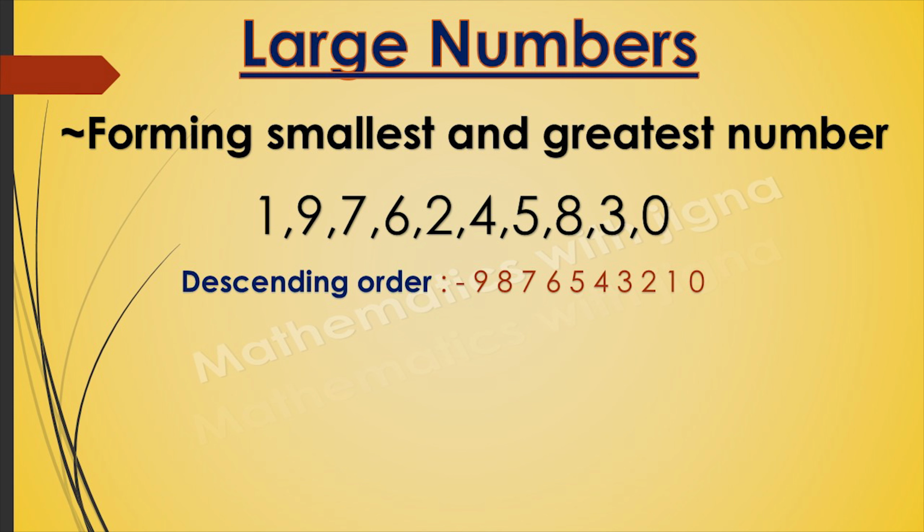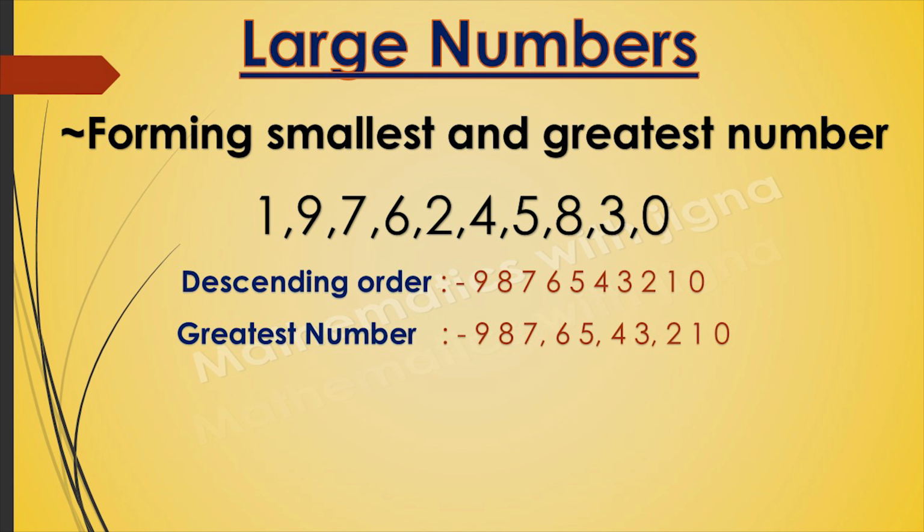The descending order of these digits is 9, 8, 7, 6, 5, 4, 3, 2, 1, 0. So, the greatest number is 987 crore 65 lakh 43,210.